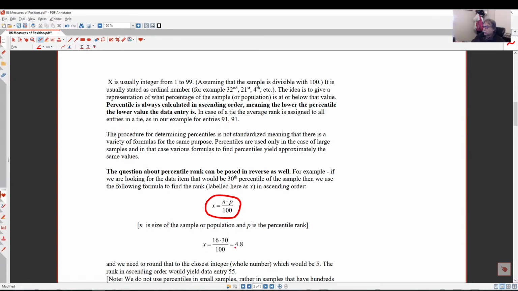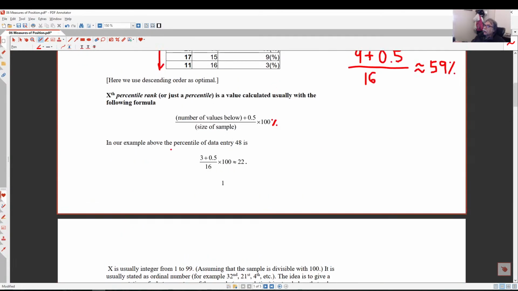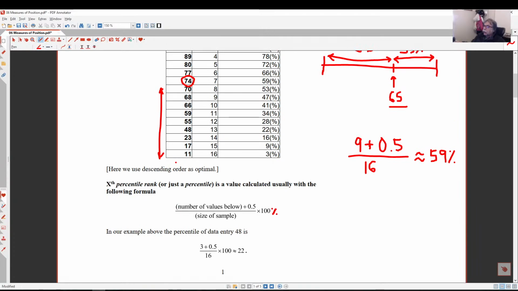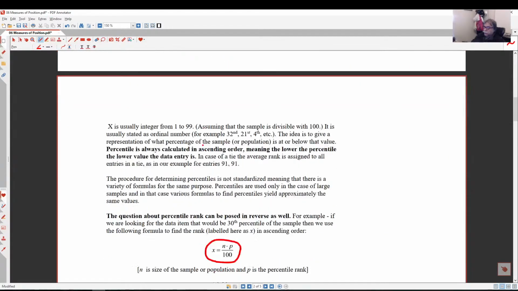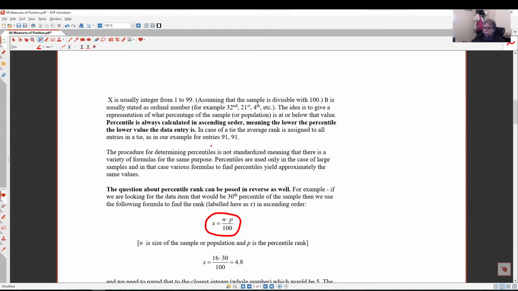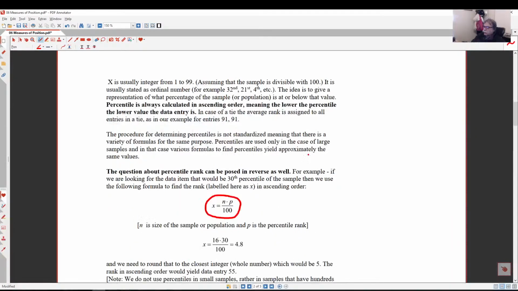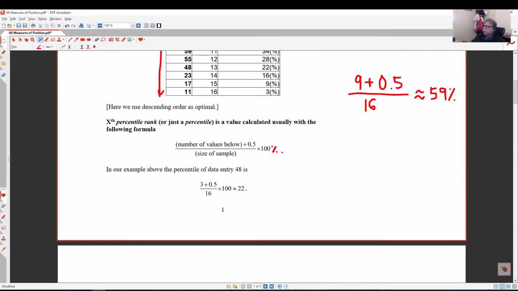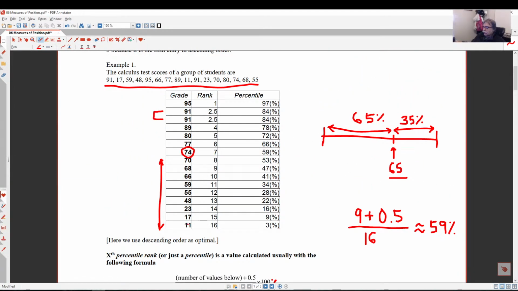If you do that, you get 4.8, and then you look from the bottom up for the fifth item in the sample, because the rank cannot be 4.8 unless there are, of course, some averages. So we round to the nearest integer, which is the fifth, and then count: 1, 2, 3, 4, 5.